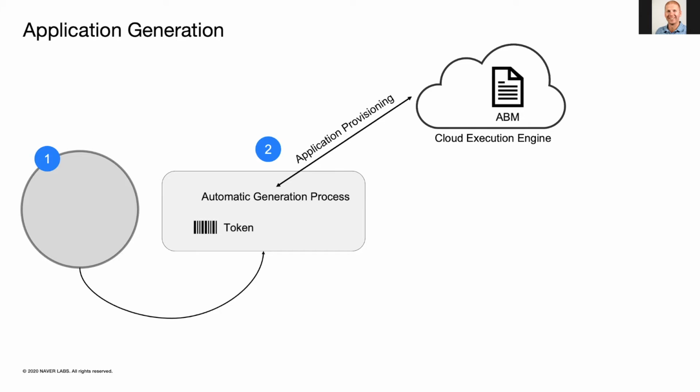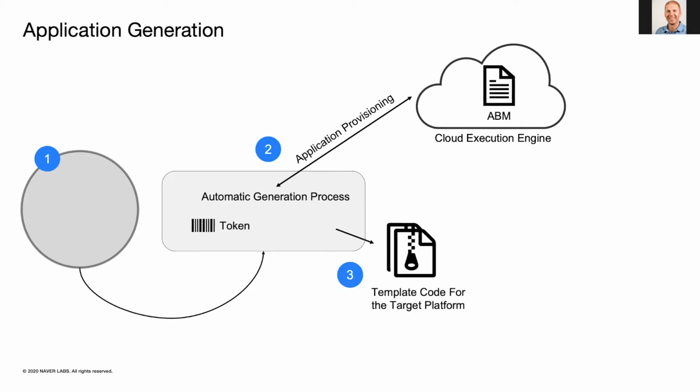The process continues. There is template code for each of the target platforms that we support. This template code is enriched with this token. This enables the connection between the code that will run on each individual platform and the ABM that executes on the cloud.